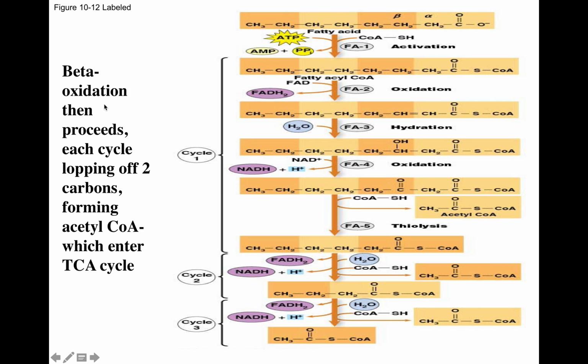You will eventually create an acetyl-CoA molecule from these pathways. That acetyl-CoA molecule will go into the TCA cycle and complete this TCA cycle just like acetyl-CoA coming from glucose.